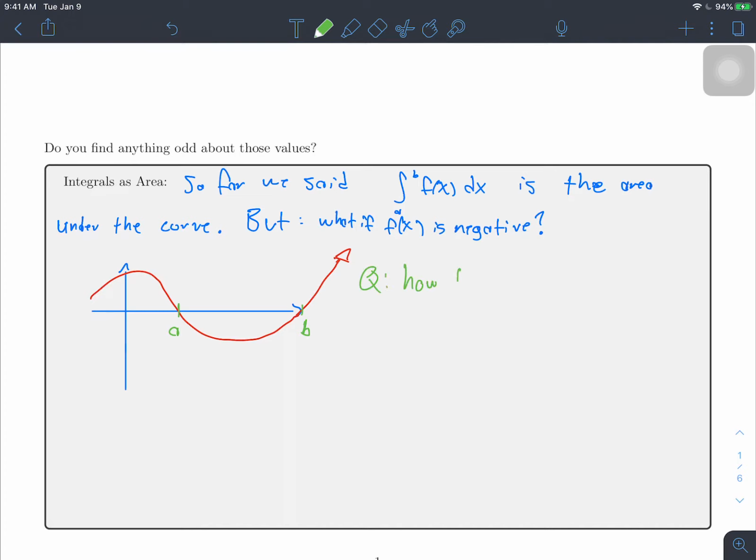My question is, how do I do the integral from a to b of f of x dx now? Any guesses?